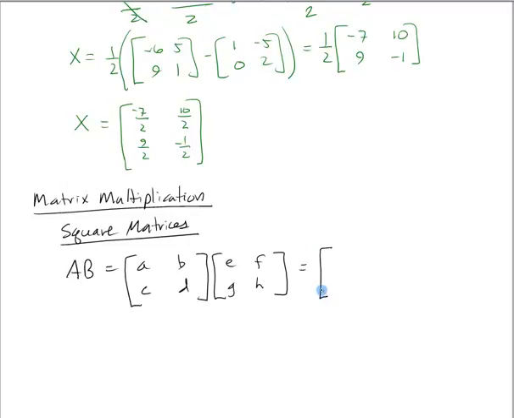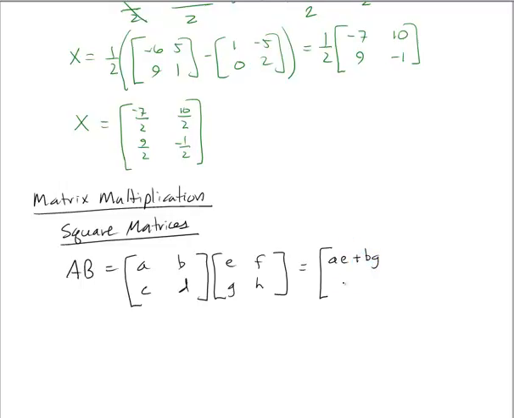When we multiply these together, for the first element of my solution matrix, we take A times E plus B times G. So again, that's AE plus BG.